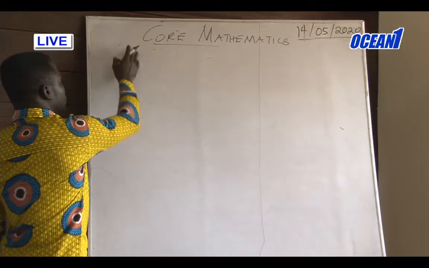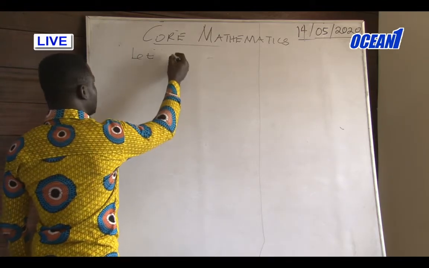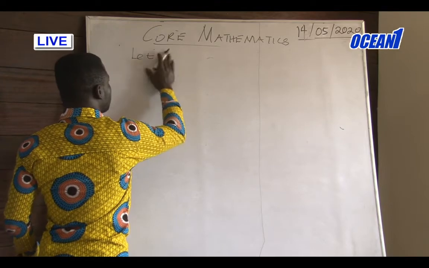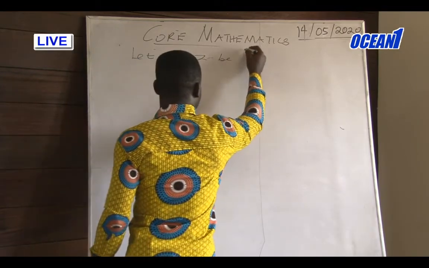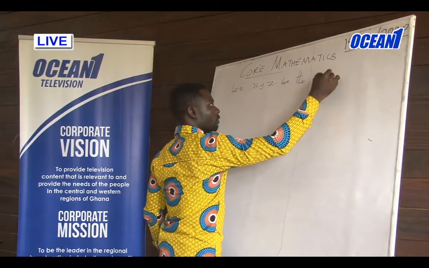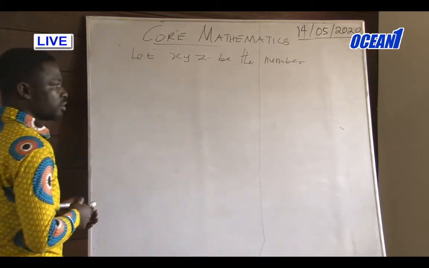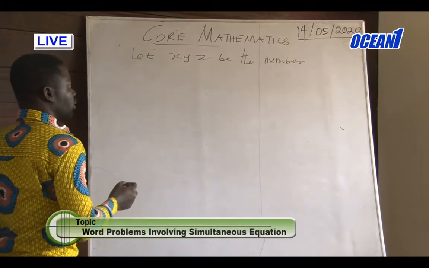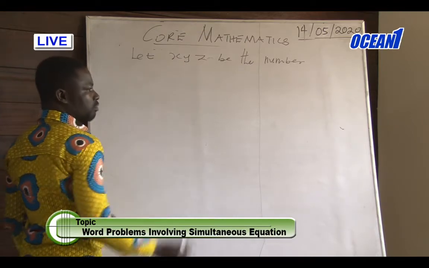So let's represent the number as x, y, z. So xyz is now the number. The question is saying the middle digit is 0.